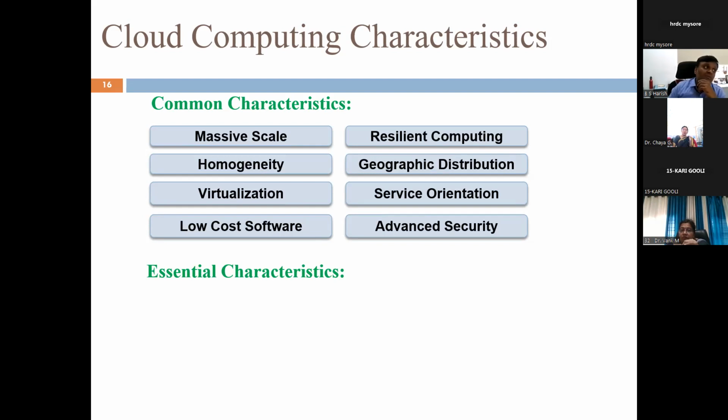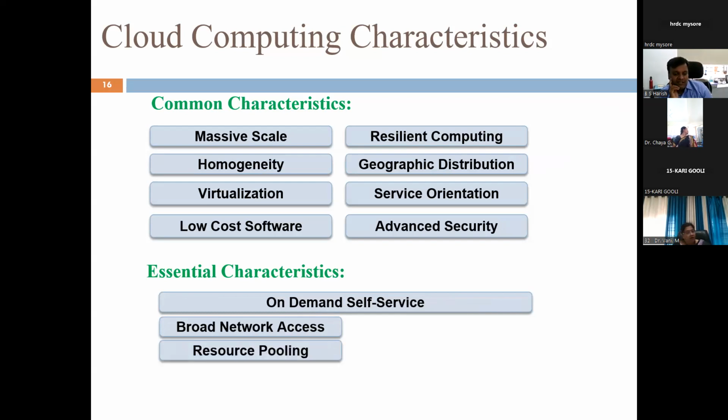And you need low cost software, as you are not ready to spend so much on purchasing software. Then geographic distribution, service orientation, and advanced security. These are some of the common characteristics we expect from any cloud computing architecture.